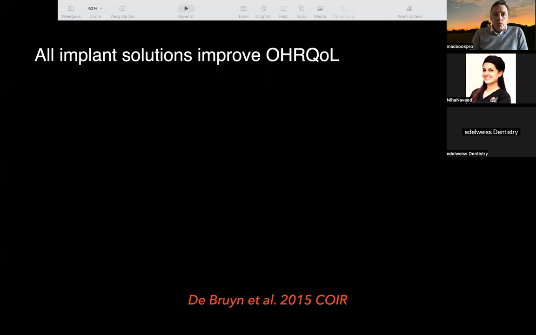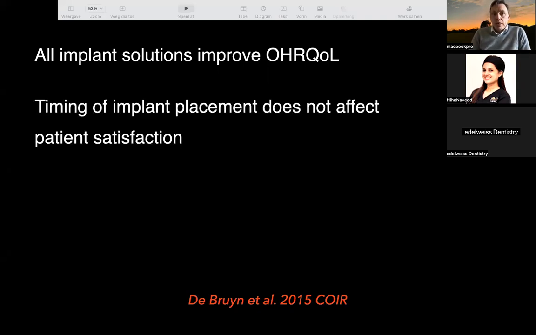If you ask patients, are you happy with the implant solutions which you got? Most patients, and this is a study done in our university in 2015 by Bruin et al., are very pleased with their implant restorations. There is no discussion about the implant restoration. Most patients say that timing of implant placement doesn't affect their satisfaction.